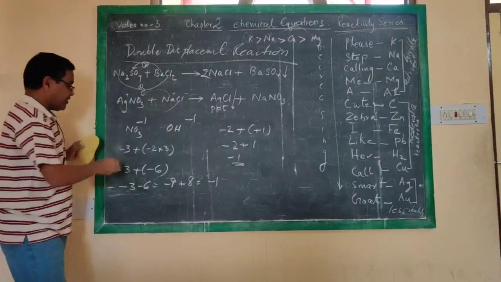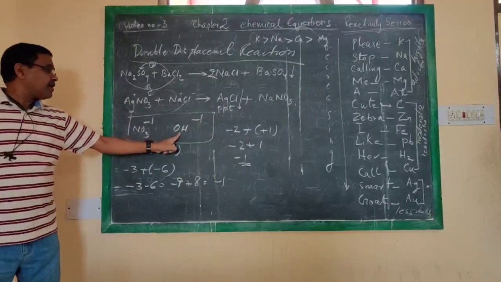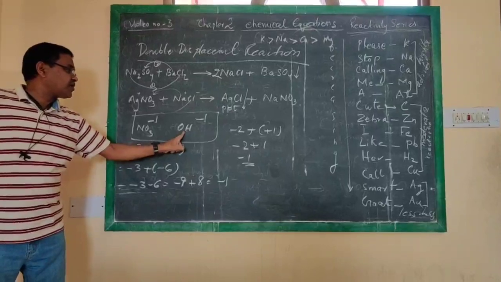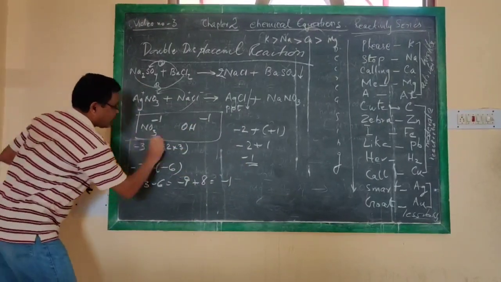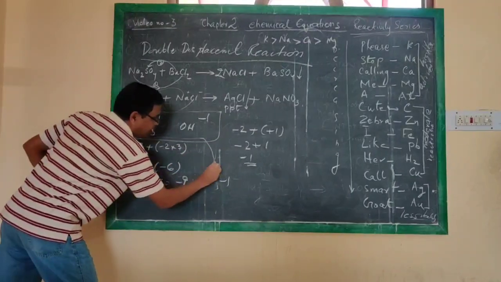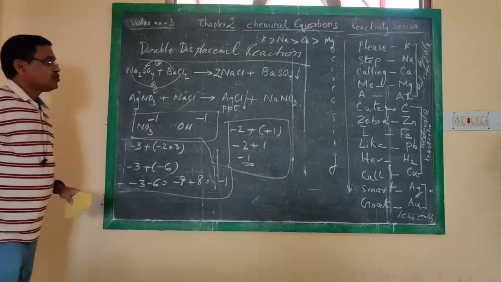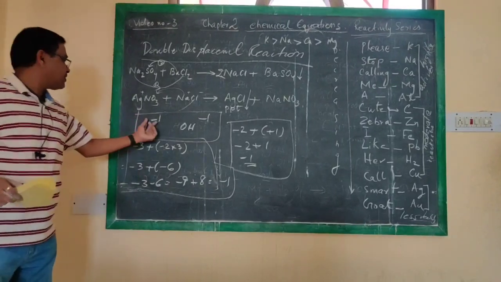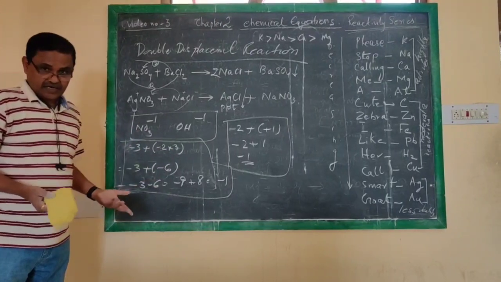Just for an example, I have told you why NO3 is always minus 1. Hydroxyl or hydroxides are minus 1. This is the root, so we should know about the valency to show which are the negative radicals and which are the positive radicals. You will learn it in the later videos.